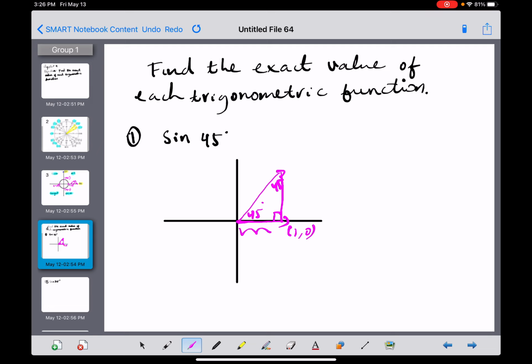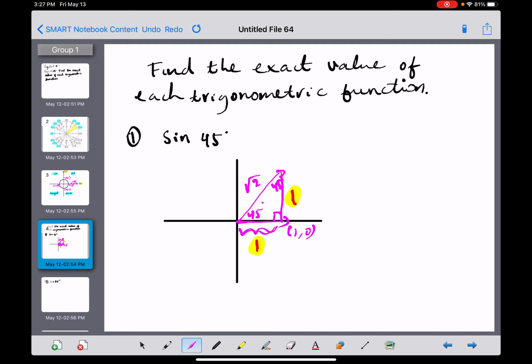So the distance from here to here has to be 1, okay? If from here to here is 1, then this side has to be 1. So since it's a 45-45-90 pattern, if this is 1, then this side has to be 1 square root of 2, or just square root of 2, okay?